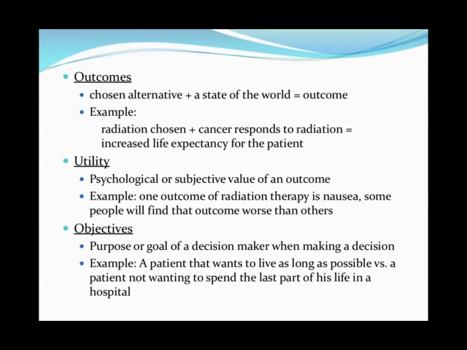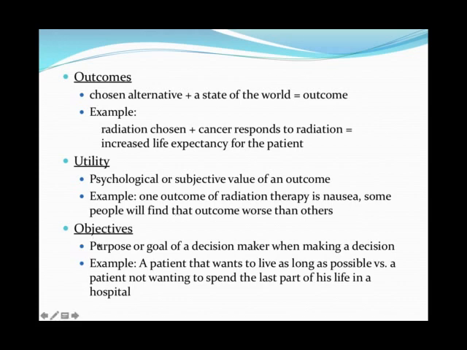Other people will say, oh, that's not a big deal to me, I'm just very happy that my cancer's going away. So it's the value that someone places on a particular outcome. One person might say the nausea is not very important. Someone else might say this is a very important bad outcome.